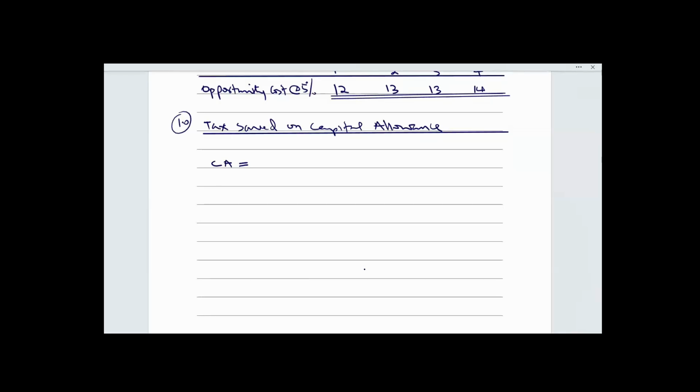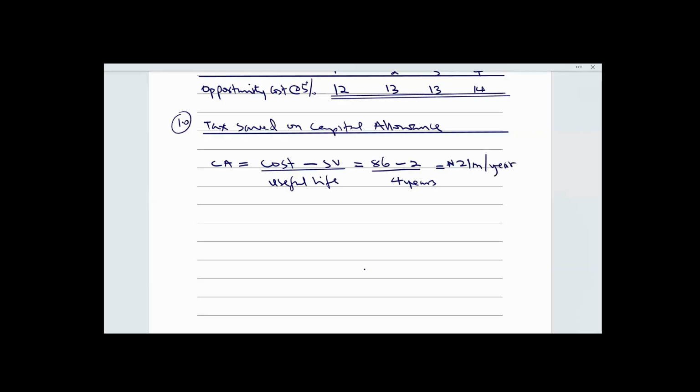But in case you want to calculate it yourself, capital allowance is the cost of the project minus scrap value divided by the useful life. So the cost of this project is 86 million. Salvage value is 2 million divided by 4 years. So 84 divided by 4 will give us 21 million naira per year.